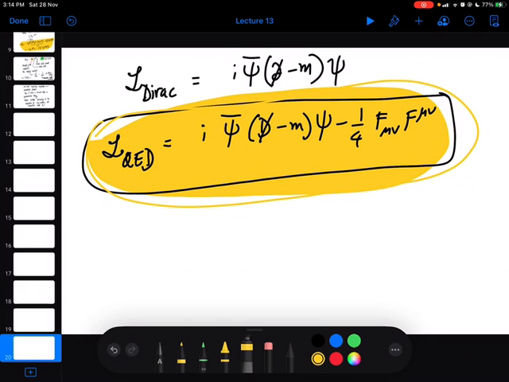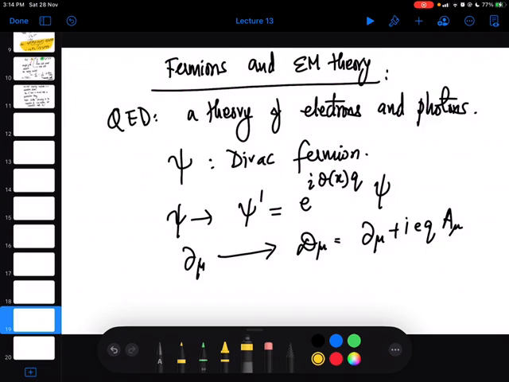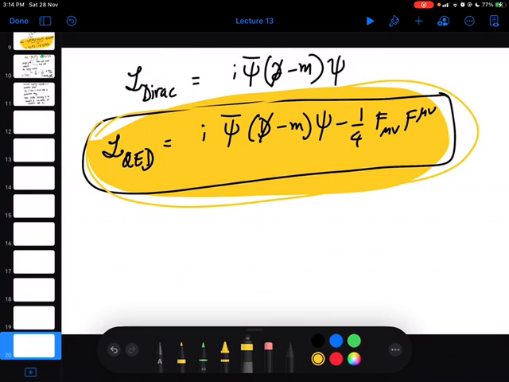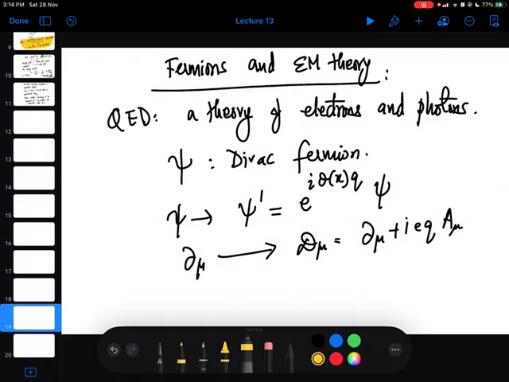So we'll stop here. I want you to explicitly try out how you show the gauge invariance in this case for the fermions.